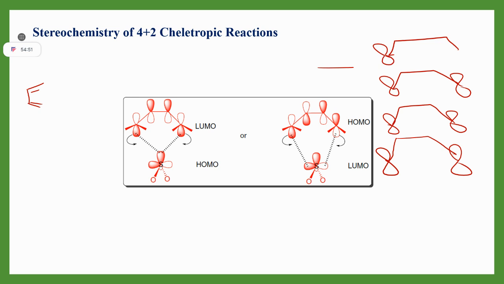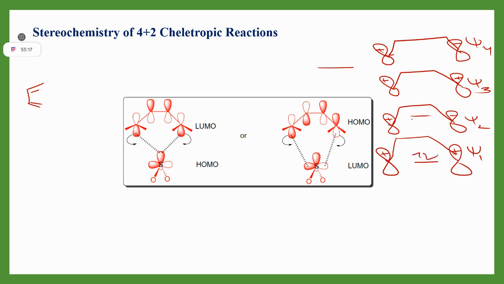From here you will get to know how the stereo is coming. So there are 4 wave functions: psi1, psi2, psi3 and psi4. They are going to be in the same phase, different. Okay, so 4 electrons are there.